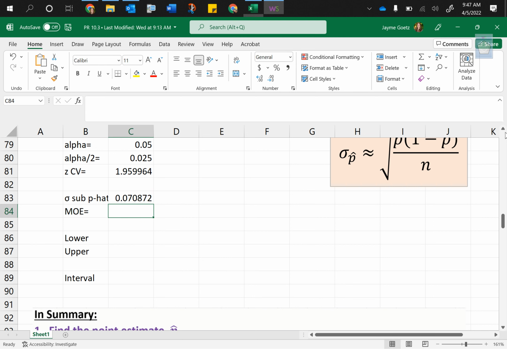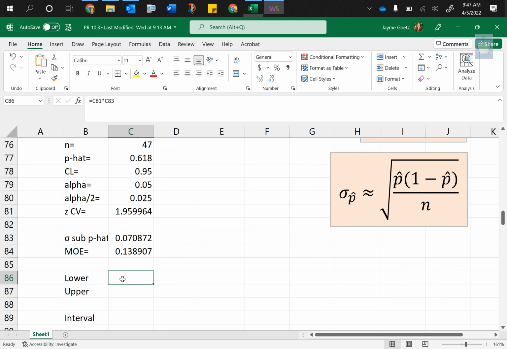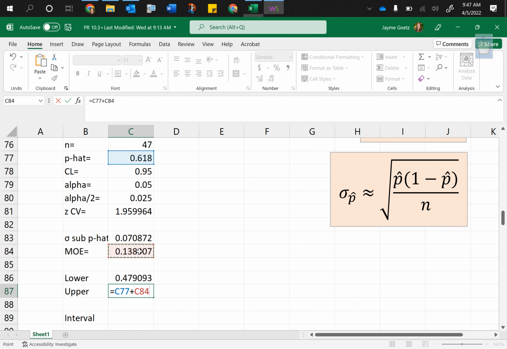Now, how do I find my margin of error again? Z times sigma. And then to find my upper and lower boundaries, we use the p hat. Okay, hold on. C84.